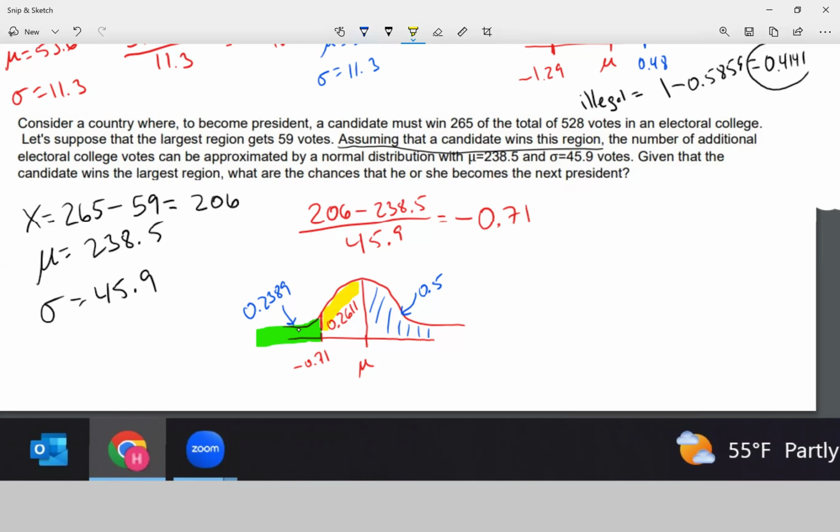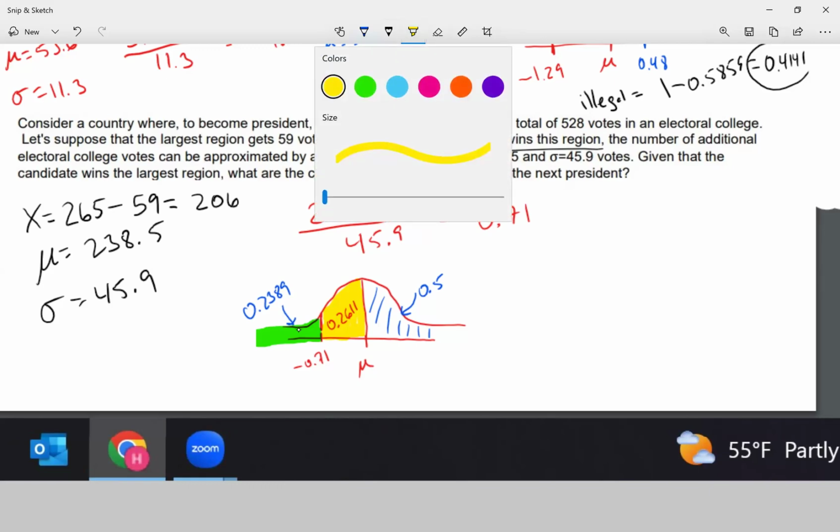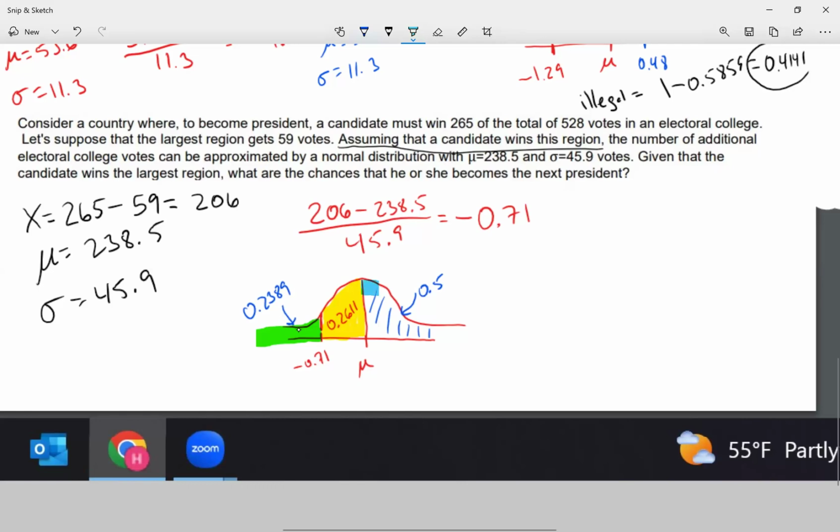This area in yellow is the probability that my candidate gets between X and mu. So what's the area that my candidate gets in between 206 votes and 238.5 votes, right? That's that area. Now let me highlight in light blue. This is the probability that my candidate gets more than 238.5 votes.